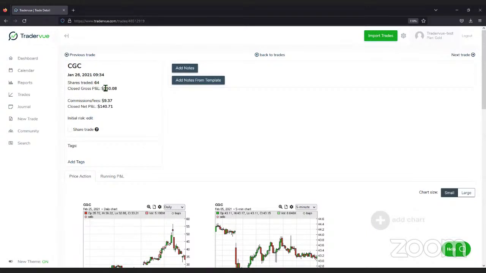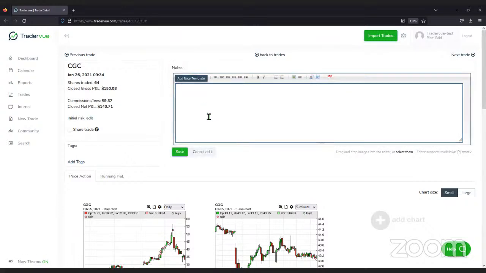So you have the date, shares traded, which is the volume in that specific trade, close gross PNL, commissions and fees, close net PNL. And then you have the option to add notes. This is super important for those who use Tradervue for journaling purposes.